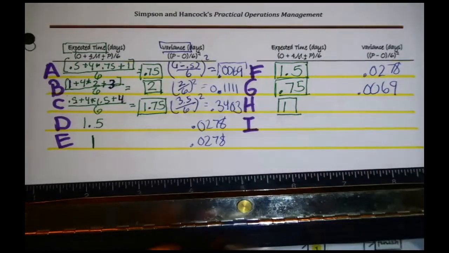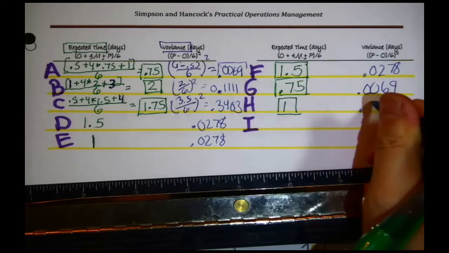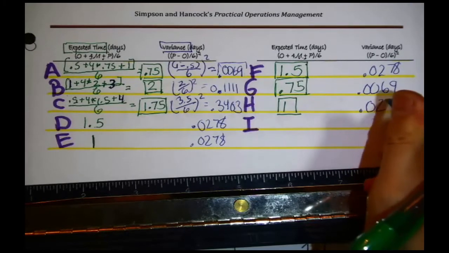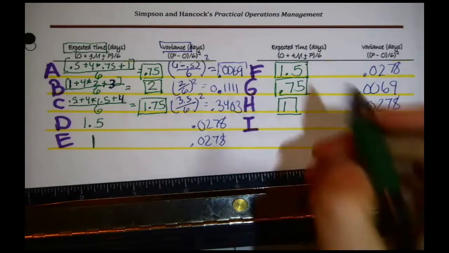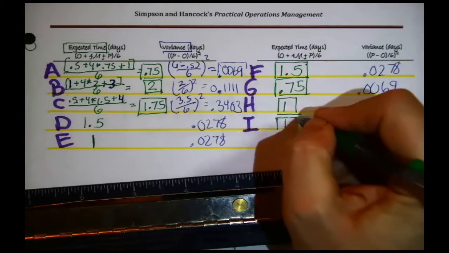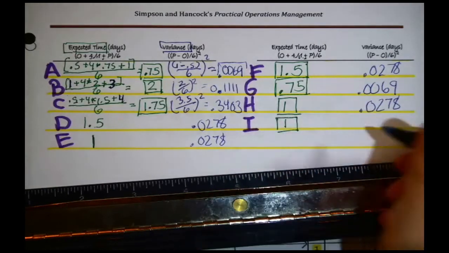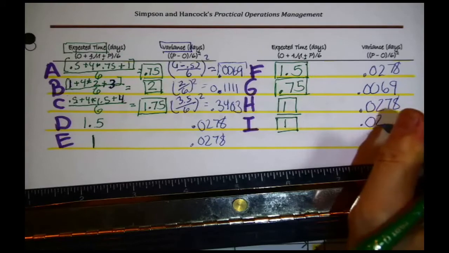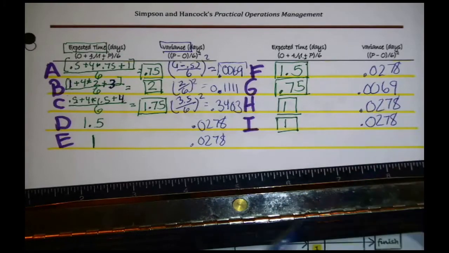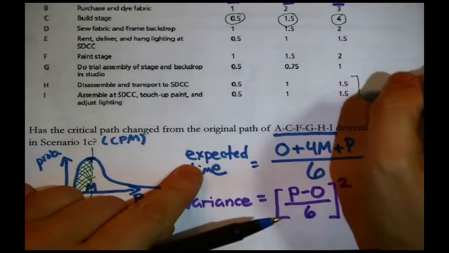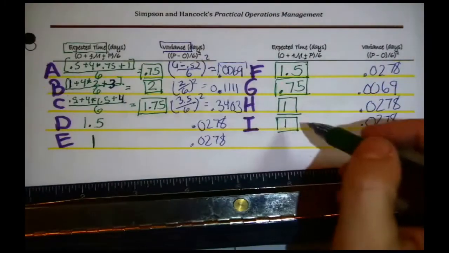A variance, here's another 1 divided by 6 squared, 0.0278. And then I, also an expected time of 1 day, also a variance of 0.0278, because you'll notice it has the same original data as H, so it's going to have the same summary statistics.